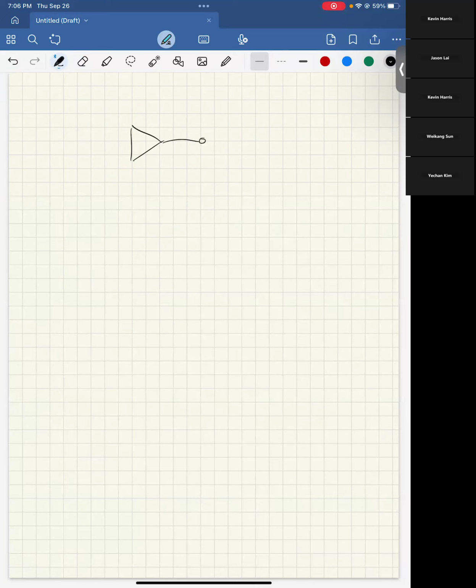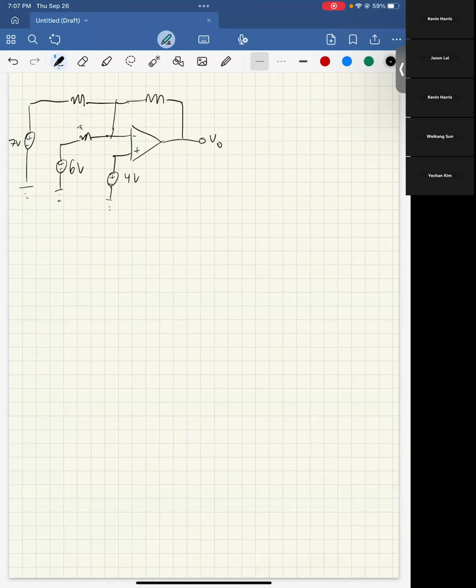We have this circuit, with resistors of 4K and 7K.